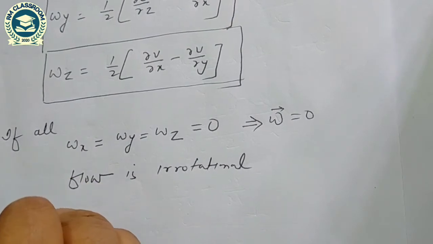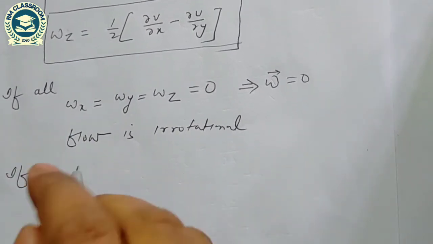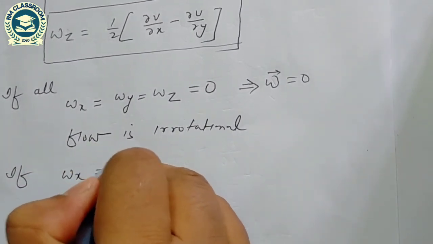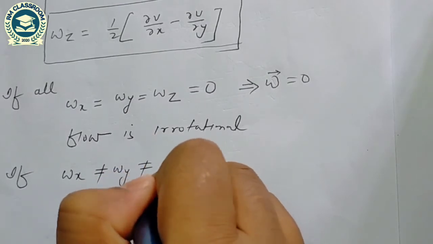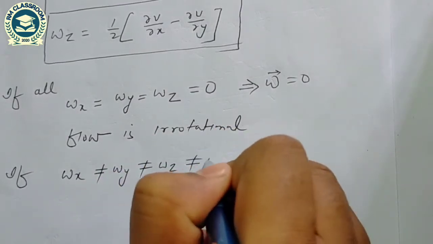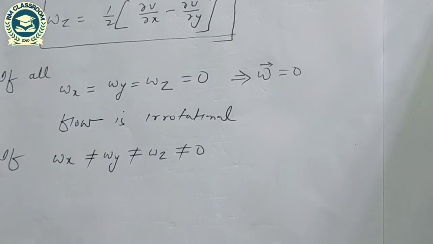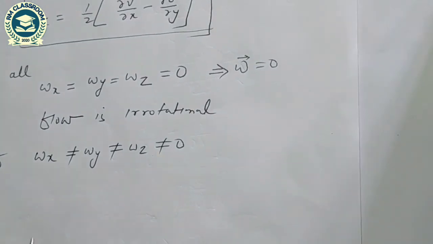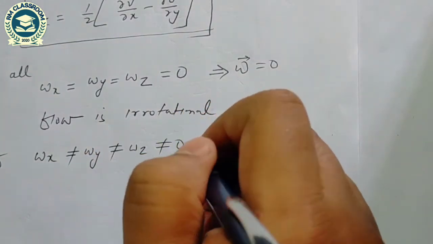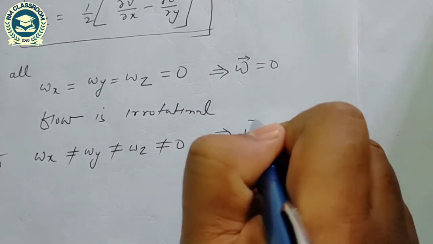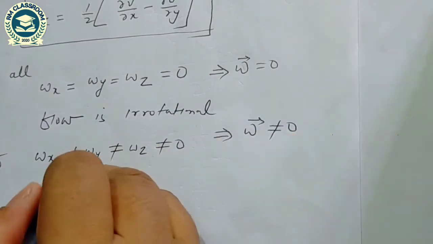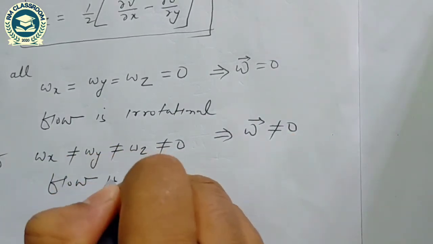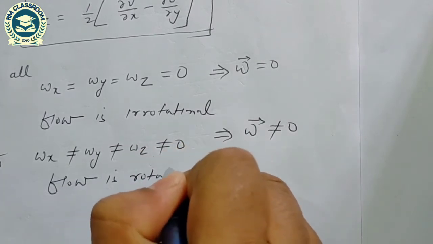Otherwise, if omega x not equal to omega y not equal to omega z not equal to 0, that is omega not equal to 0, so flow is rotational.